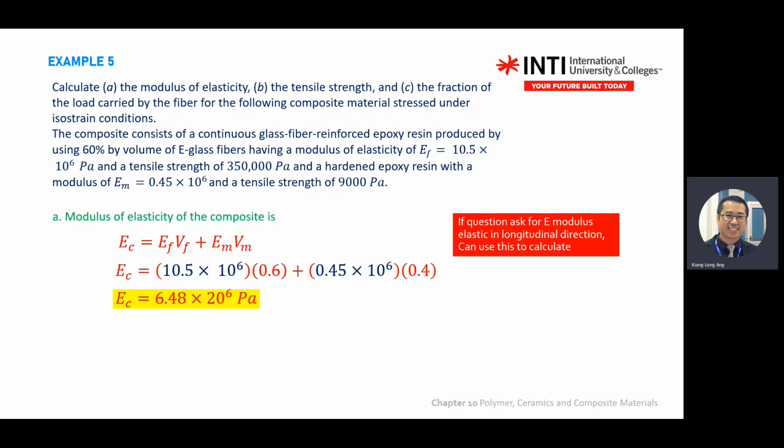If the question asks for E, the modulus of elasticity in the longitudinal direction, then you can use this to calculate. You know that you can pull an object in two directions, right? If it's along the axial direction or the length, this is the longitudinal direction. There are some changes in the lateral direction also, but that one is usually used to find the deformation.